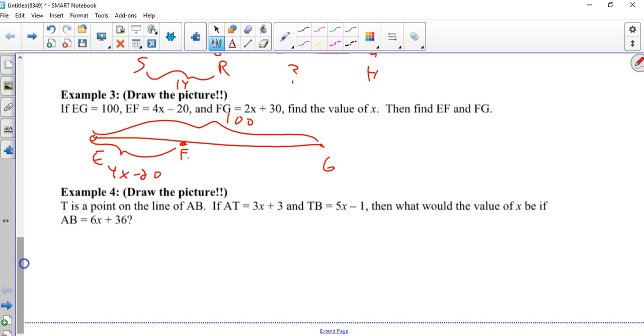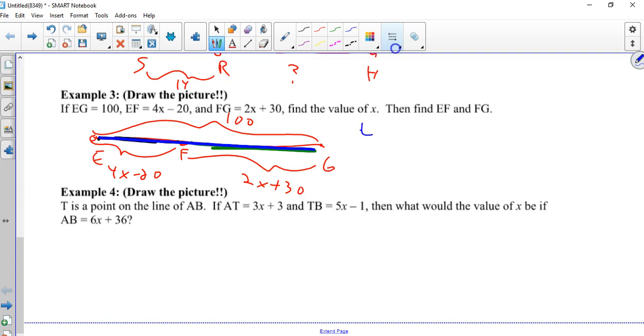And FG, which is from here to here, is 2x plus 30. Well, we just said the postulate said that this section plus this section will equal the entire line segment. So therefore, we just say that.